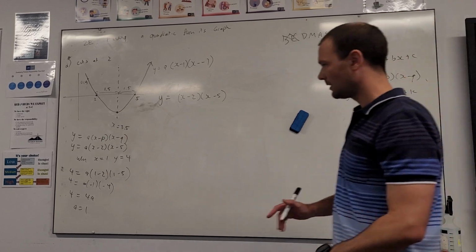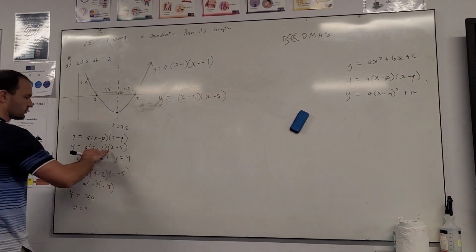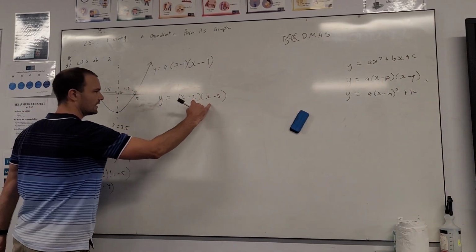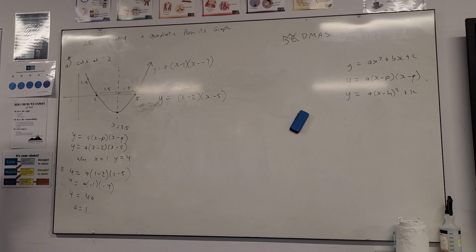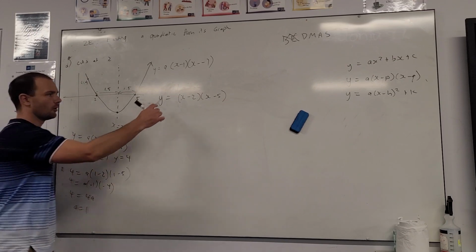So we determined the value of A is 1, and so then I'm just restating the equation of the quadratic here. We're asked to answer it in general form, so some FOIL.